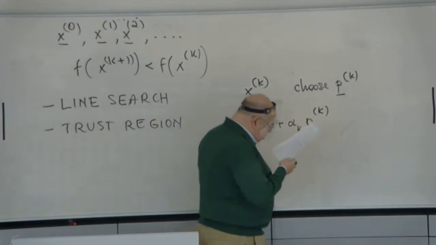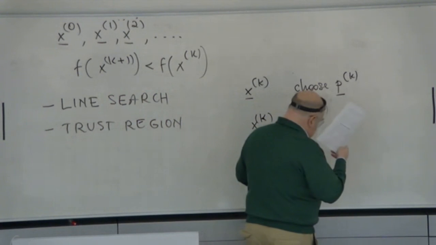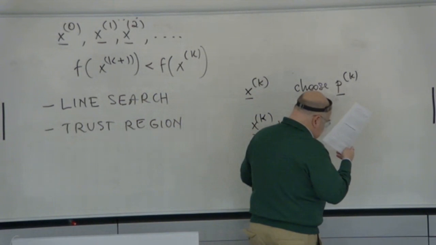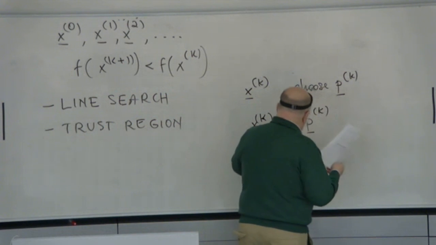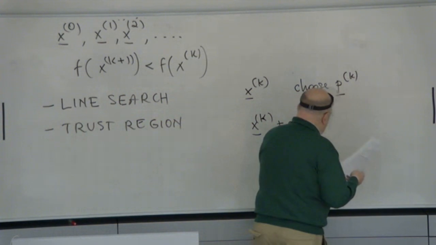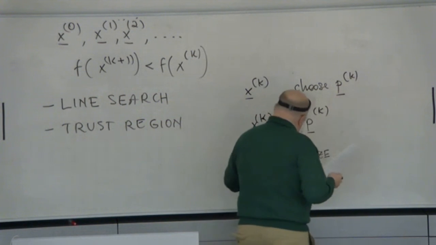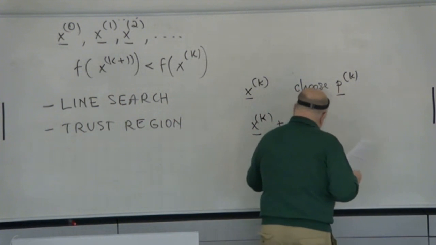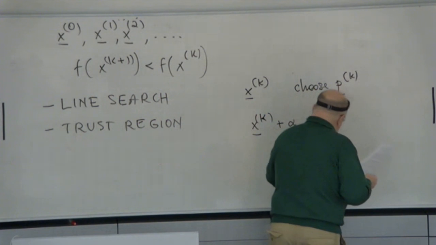Sometimes this is called the step size, for obvious reasons. But in machine learning, this is also called the learning rate.